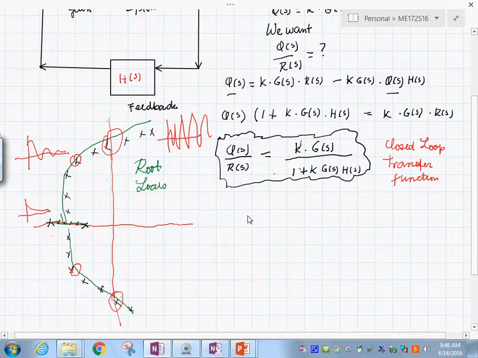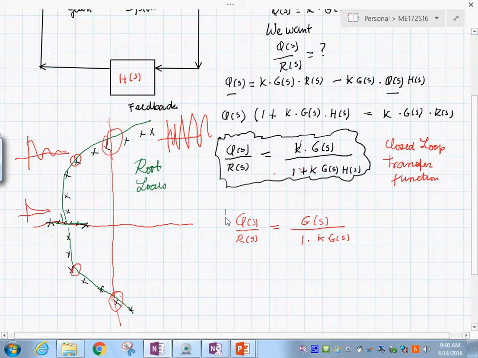We can. If h is equal to 1, the output of s over the input would be g of s divided by 1 plus k times g of s.